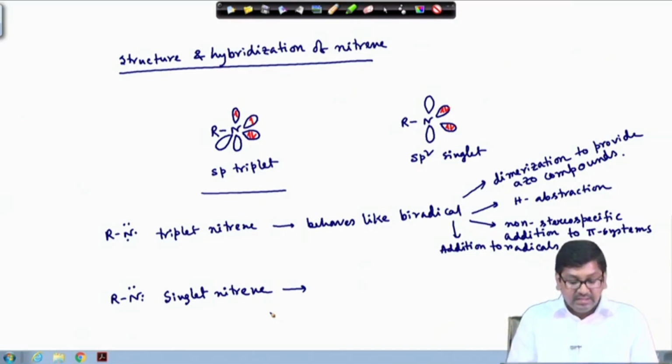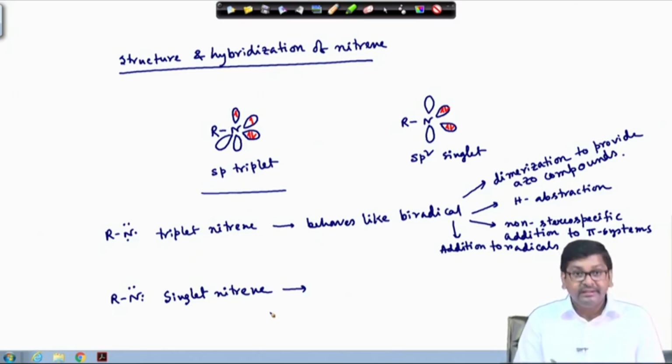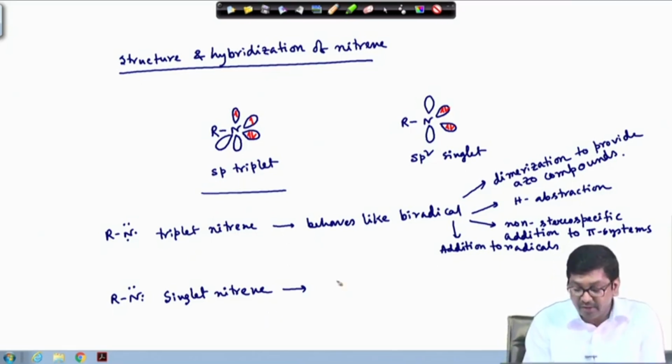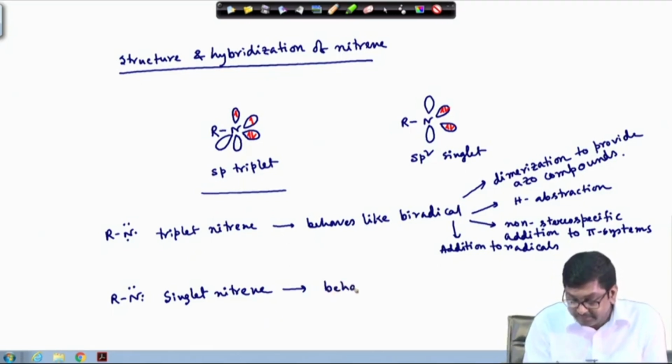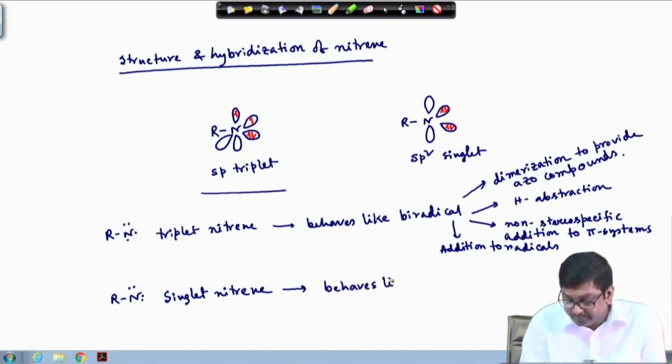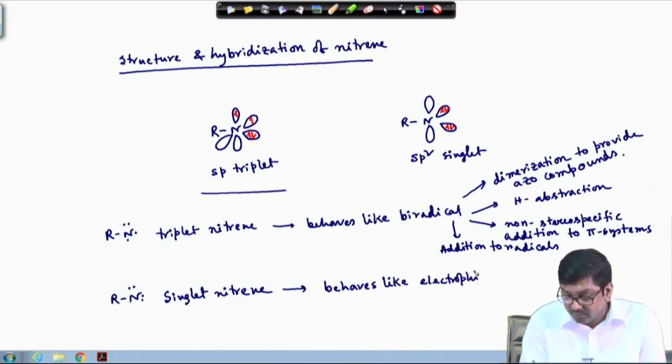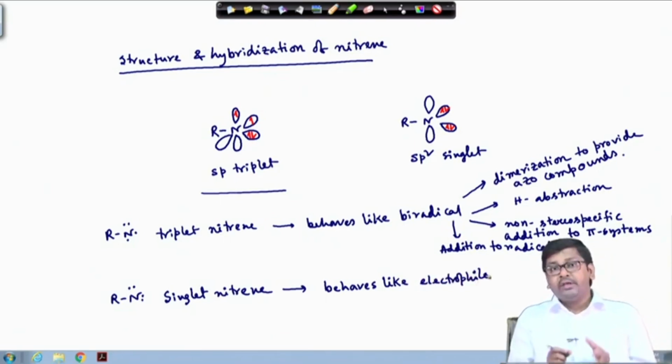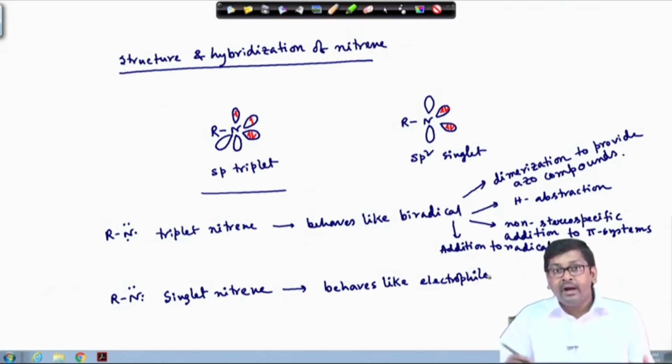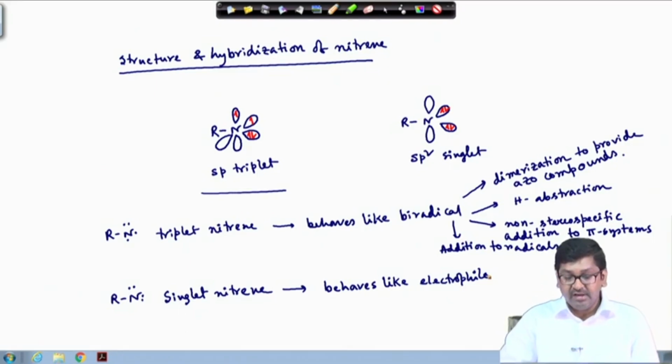So, in that case this type of singlet nitrene behaves like an electrophile. We have seen that even though they are analogous to carbene, due to their structural features nitrenes give different types of reactions than the carbenes.